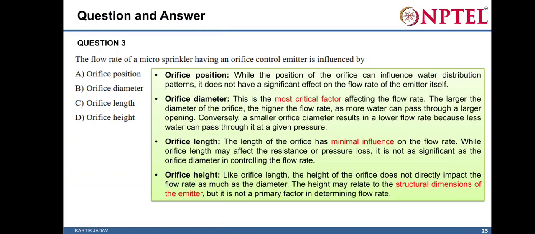Conversely, a small orifice diameter results in a smaller flow rate because less water passes through at a given pressure. While others are also important factors, they do not have as much impact as orifice diameter. Right. So the correct answer is option B.